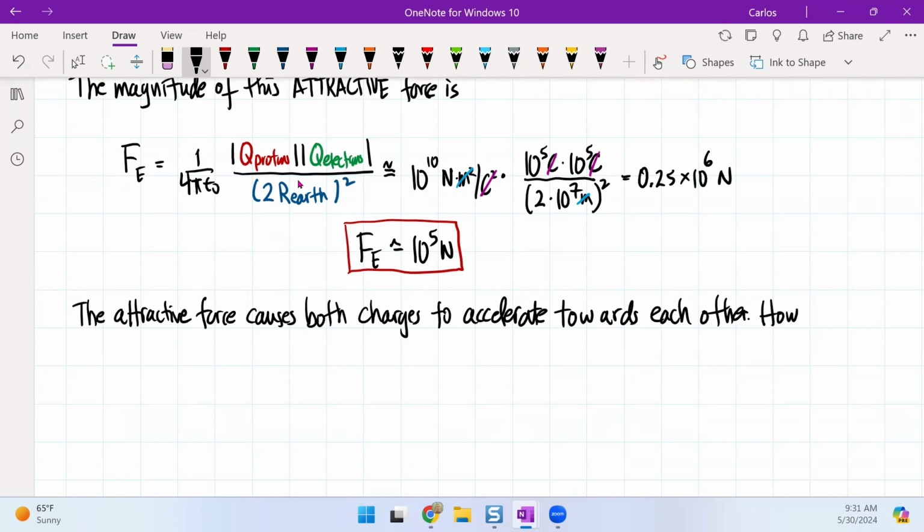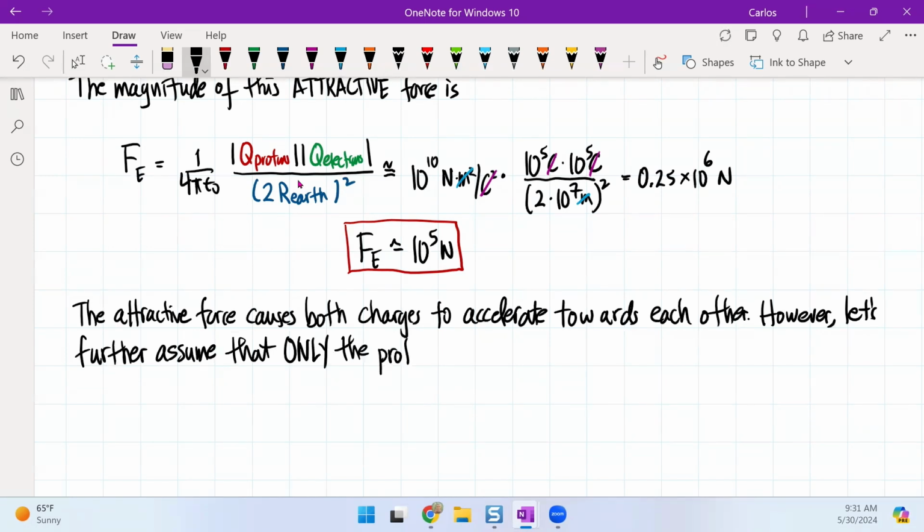However, let's further assume that only the protons move, not the electrons.